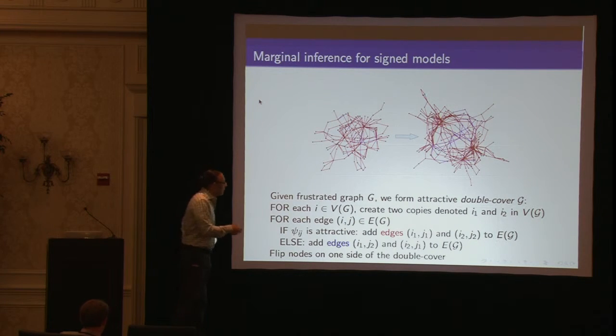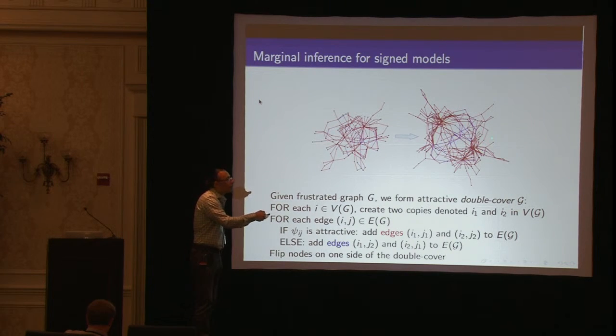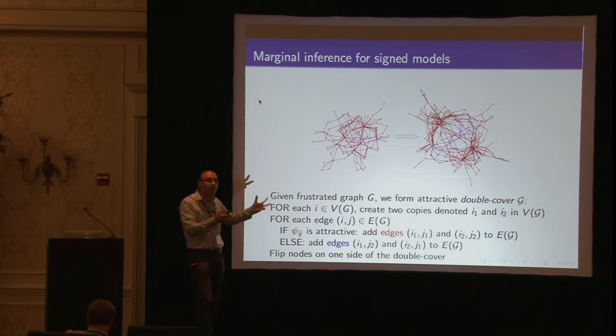And then the formula is to connect each node in the original. So if node I and node J had a repulsive edge in the original, you connect node I to clone J, and you connect clone I to original J. And so you get repulsive edges between these two copies. This is called a double cover construction.